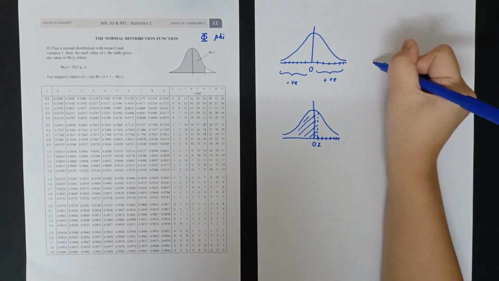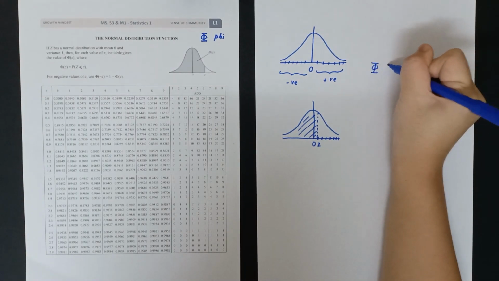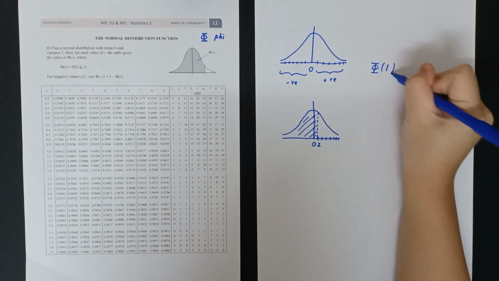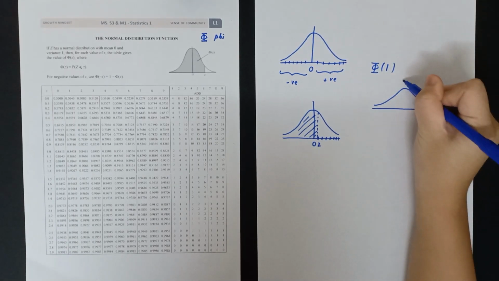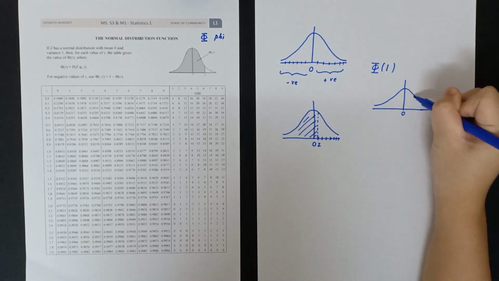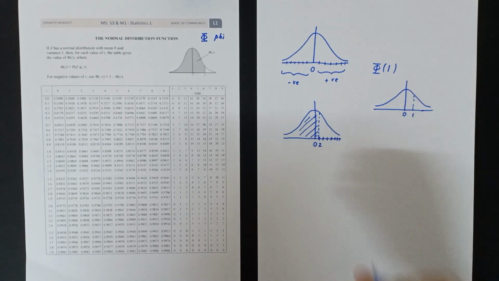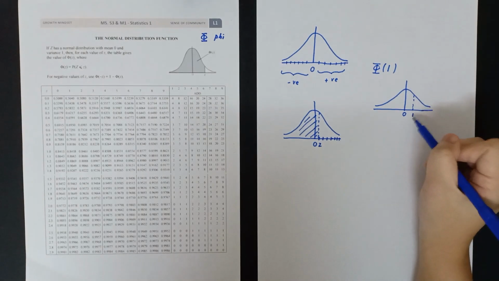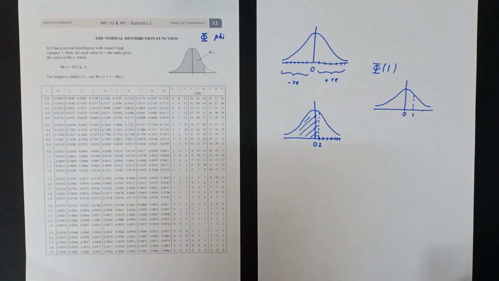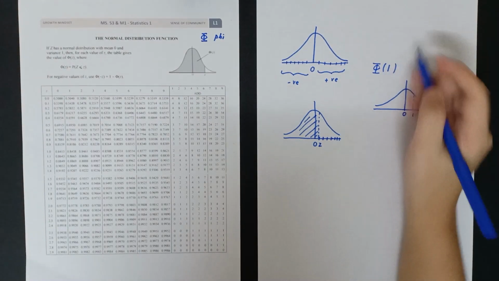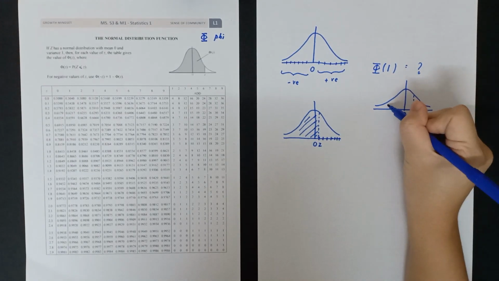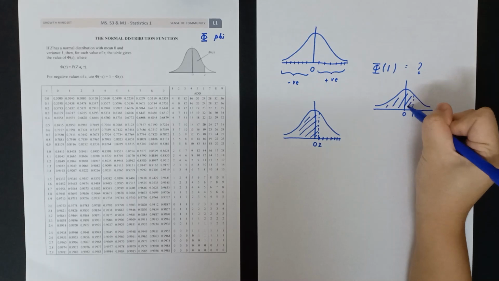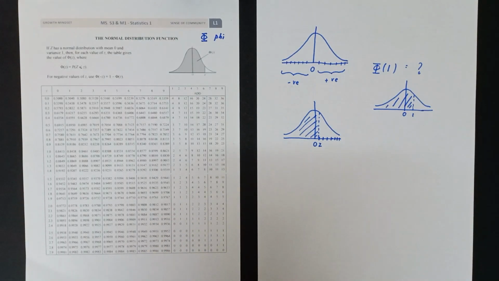So if I'm talking about phi 1, what I am trying to read from the table is this: this is my 0, then maybe this is my 1. Of course, this is not the accurate one, but I know that 1 is definitely on my right hand side. So when I read phi 1, what I get is basically the area under the curve less than 1.